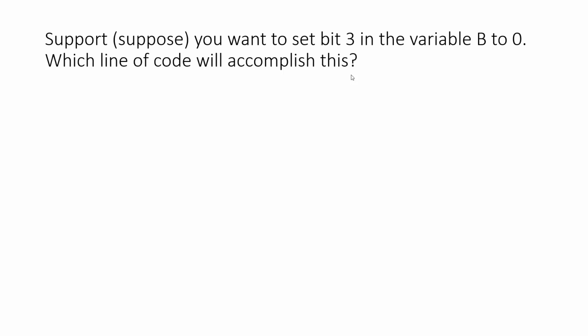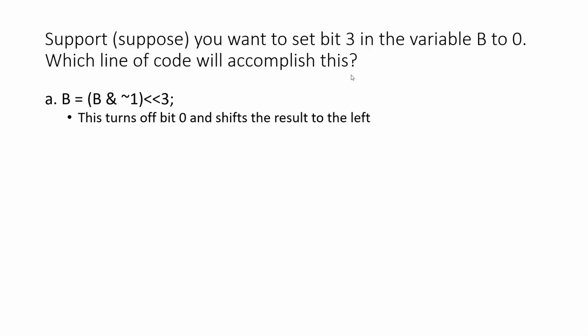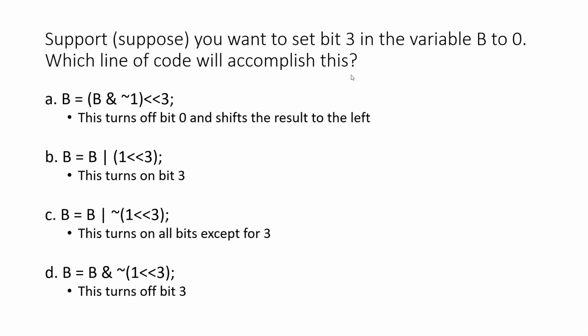Suppose you want to set bit 3 in the variable b to 0. What line of code will accomplish this? So there's a few options here. You want to set bit 3 to 0. That first one is basically just turning off bit 0 and shifting the whole result of that to the left, right? That doesn't work. This one just turns on bit 3, so that doesn't work.